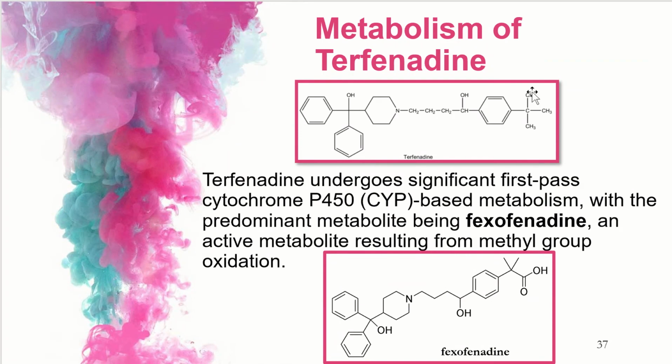Because we have a tert butyl here, the only difference is that one of the carbons has been oxidized to a carboxylic acid. That is the only difference between terfenadine and fexofenadine. And so terfenadine is metabolized to fexofenadine. And fexofenadine is also active.